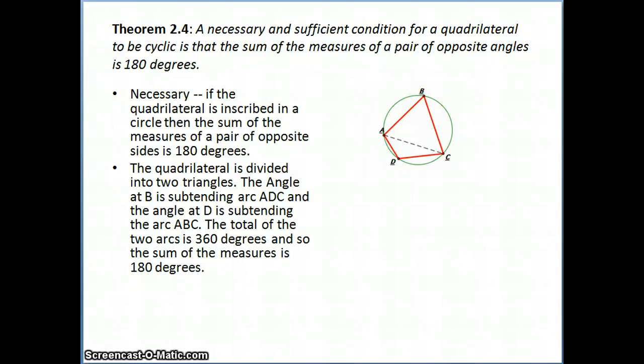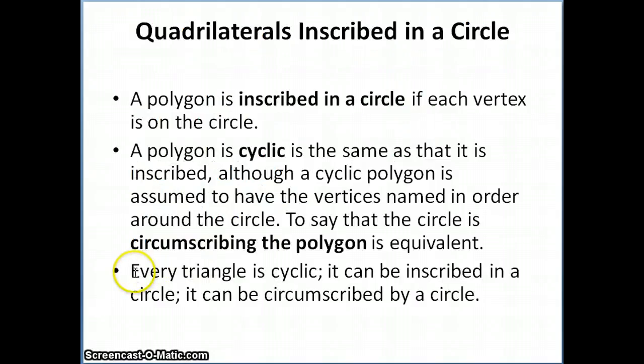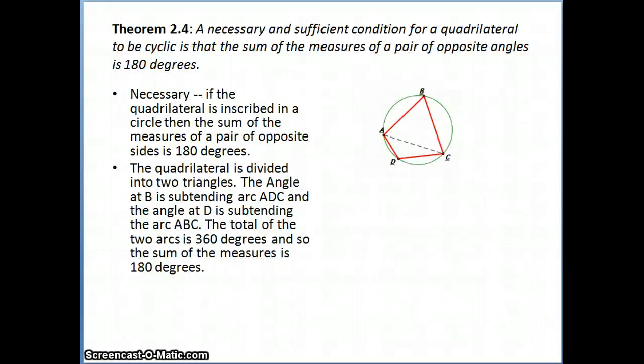So if we look at the last slide, we know every triangle is cyclic, which means any triangle can be inscribed in a circle. What about a quadrilateral? What kind of quadrilateral can be inscribed in a circle? Not every one.